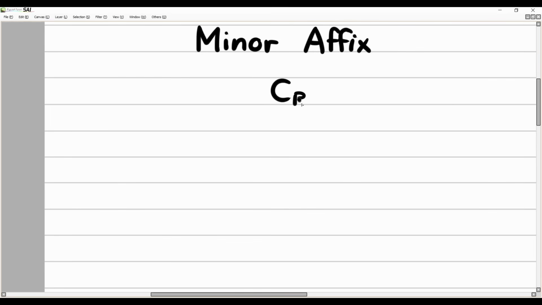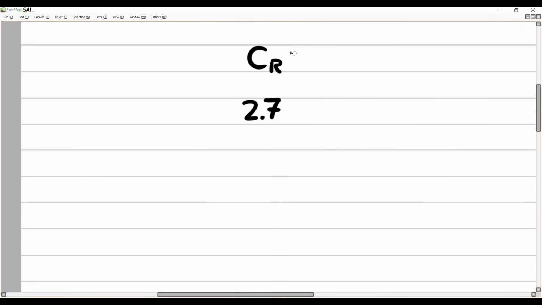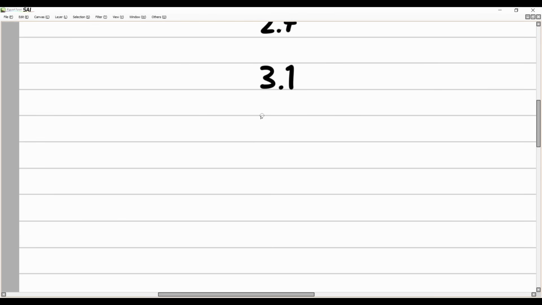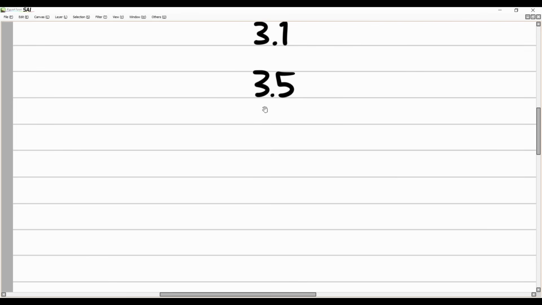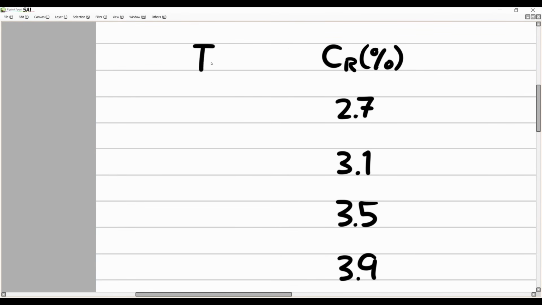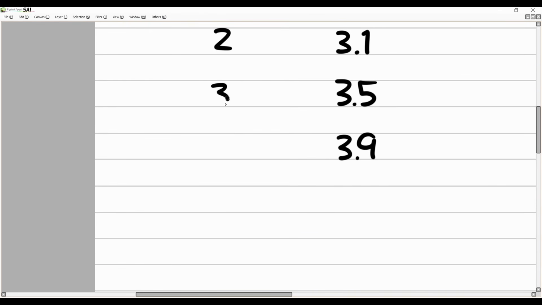For the crit rate, you could have 2.7, and this is all in percentage, by the way, 2.7%. You could also have 3.1, 3.5, and lastly 3.9%. I'm going to arrange them into specific tiers. So we have tier 1, tier 2, tier 3, and tier 4.